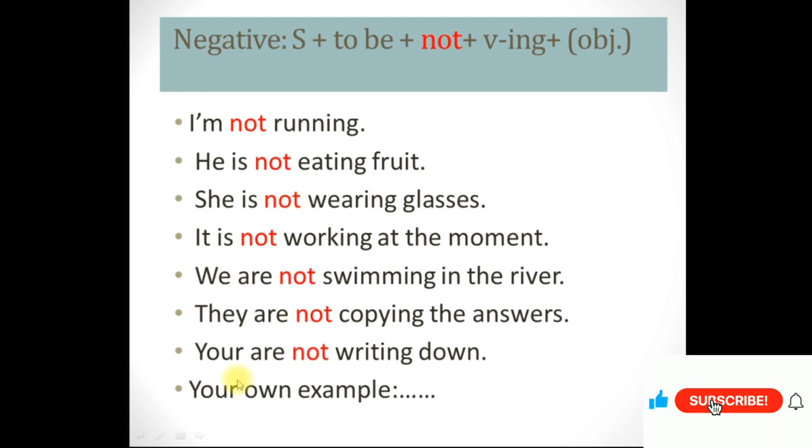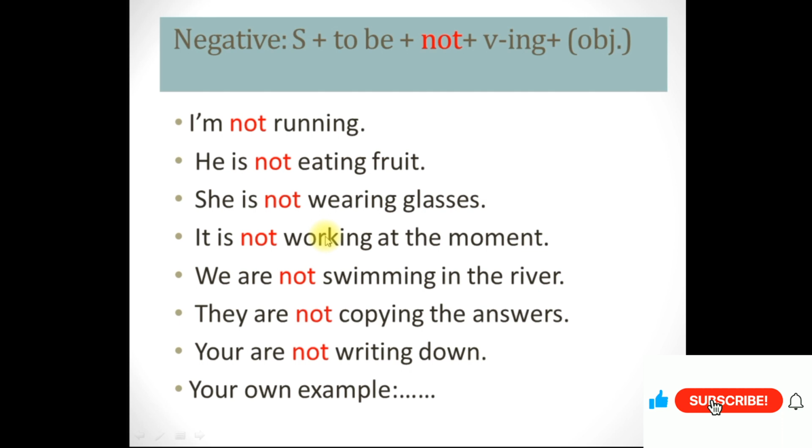Okay, question? Okay, so now it's your turn, your own example. So please give the example, three or four or five examples, it depends on you, right? And don't waste time.